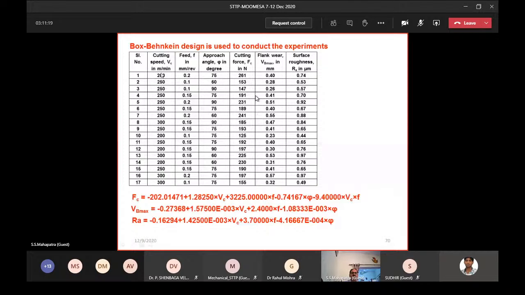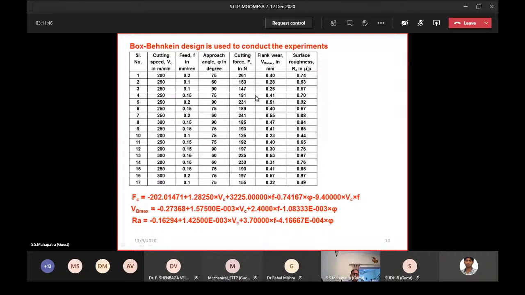The outputs are the cutting force, flank wear, and surface roughness. And the design is made based on the Box-Behnken design. Box-Behnken design is used for conducting this experiment. Then cutting force, flank wear, and surface roughness are to be found out.